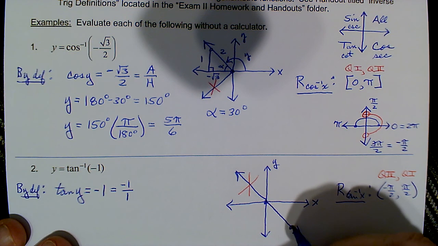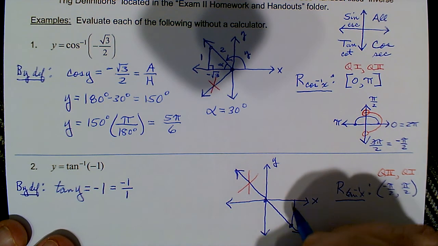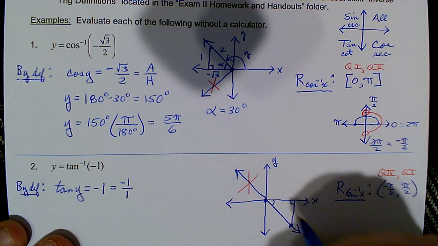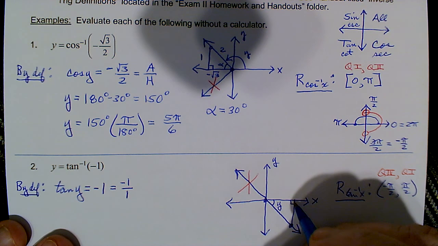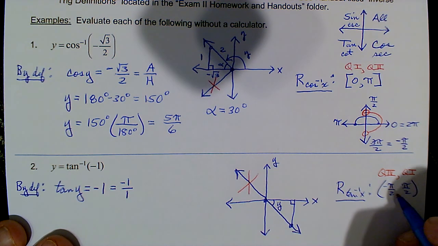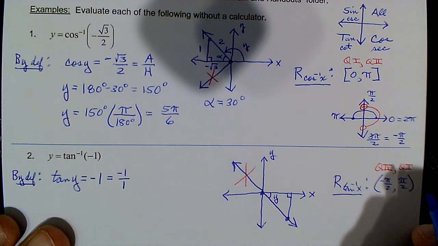So we pick a point on the terminal side, drop a perpendicular, always to the x-axis. That creates our reference triangle. This is actually the angle y, if we measure it clockwise, which would be negative. And that's appropriate because we want to be in the range of the inverse tangent.